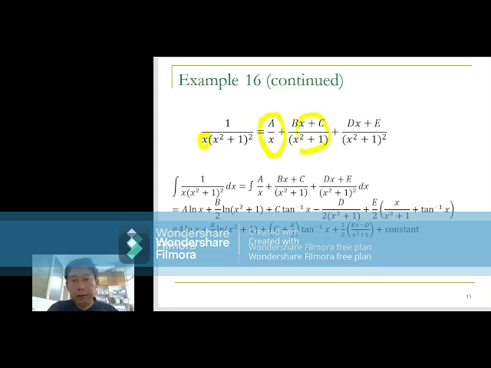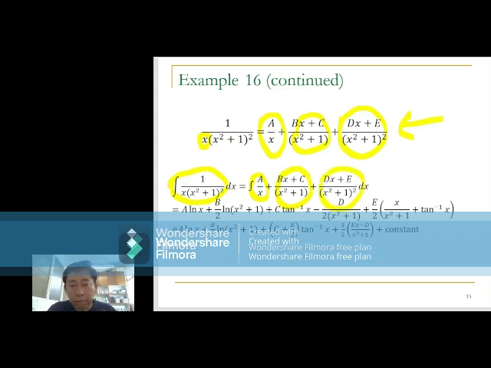The second term comes from the irreducible quadratic factor x squared plus 1 raised to the power 1. And the third term comes from x squared plus 1 squared. Once the fractional function is decomposed into partial fractions, it can be integrated term by term based on the expression of the partial fractions.